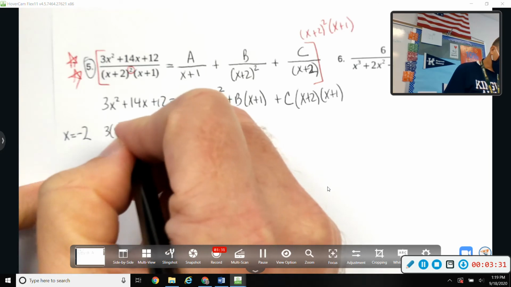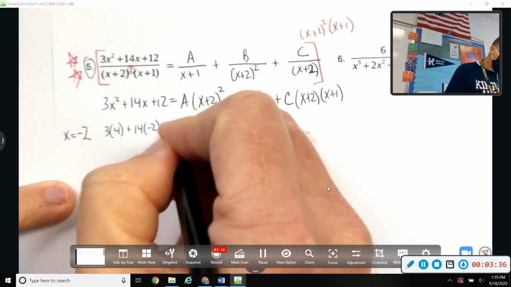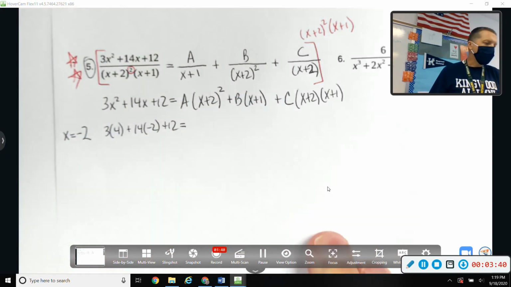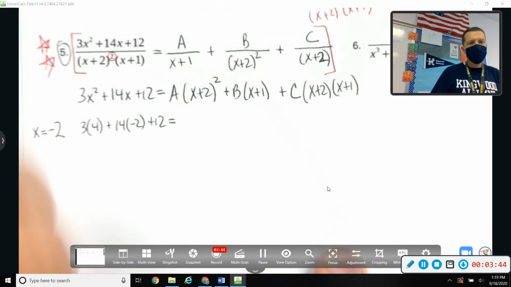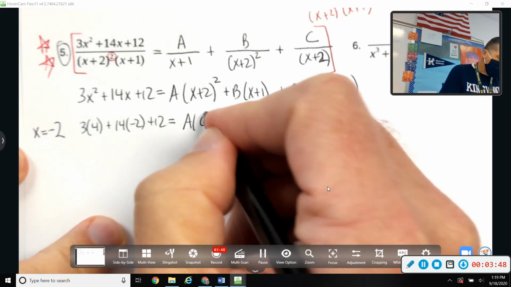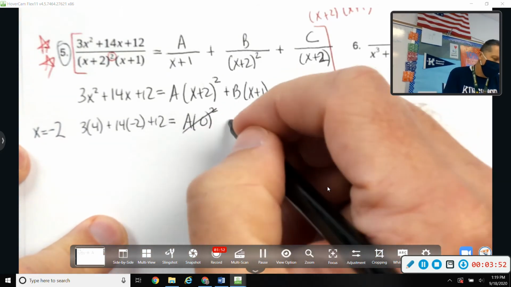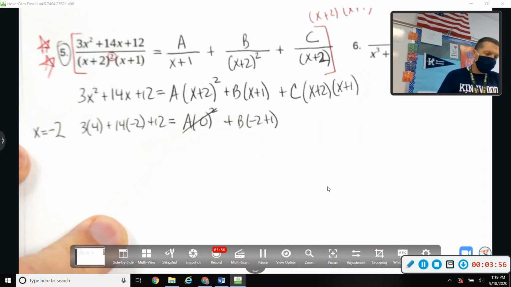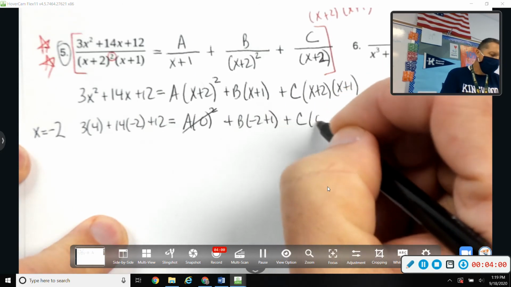So 3 times 4 plus 14 times negative 2 plus 12. I'm going to start writing smaller and zooming in so I can make space here. On the other side, A times 0, so that's a good one, plus B times negative 2 plus 1, plus C times 0.